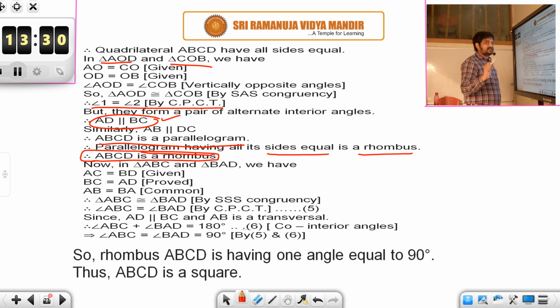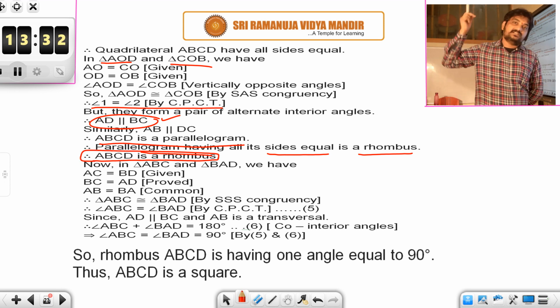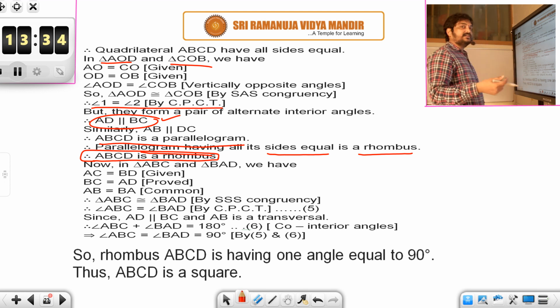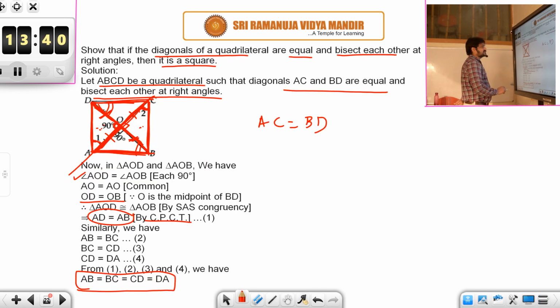But in the question, what have we been asked to prove? ABCD is a square. So we need to prove that each angle is equal to 90 degrees. To do that, what we will do is consider triangle ABC and BAD. In these two triangles, what you could see is that the diagonals are equal, right?